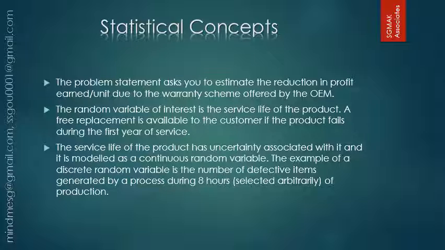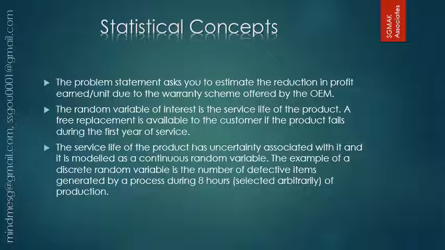We don't know after what period of time the product will fail, and it will not fail in a deterministic fashion. It's not that it will fail every 1 year. It will have a variation associated with it, uncertainty associated with it, and uncertainty is best modeled using a statistical distribution.